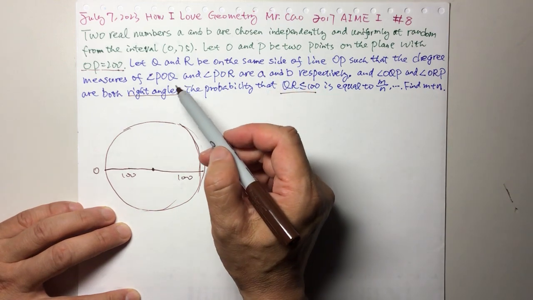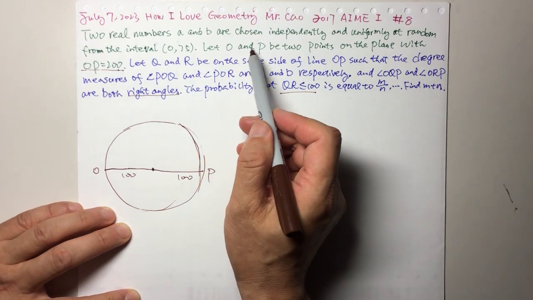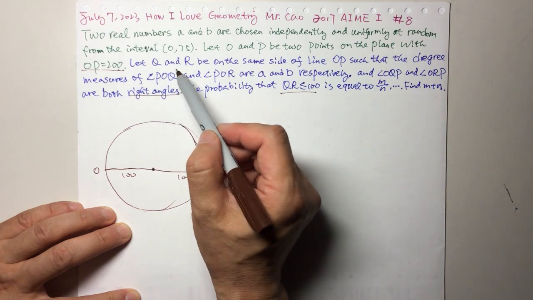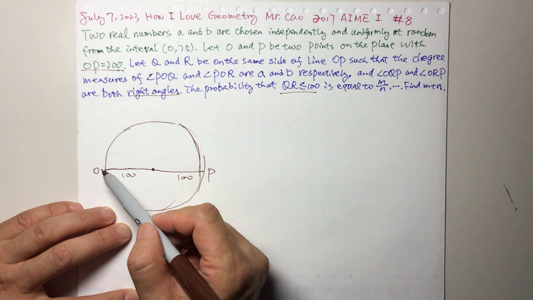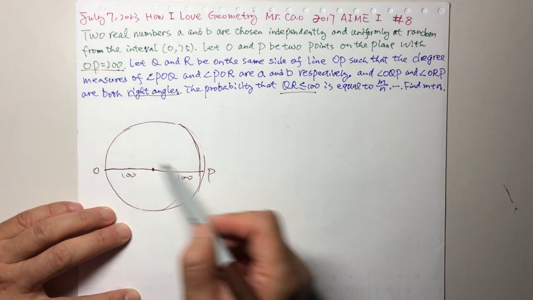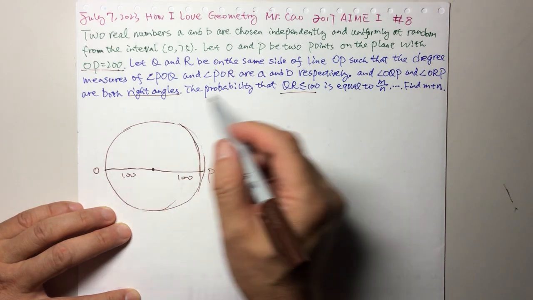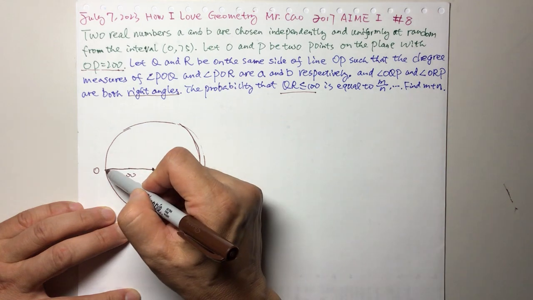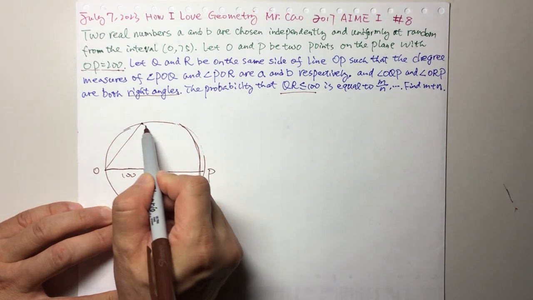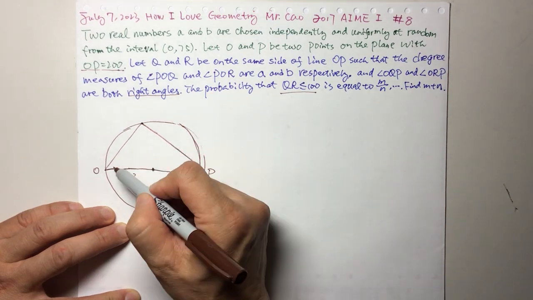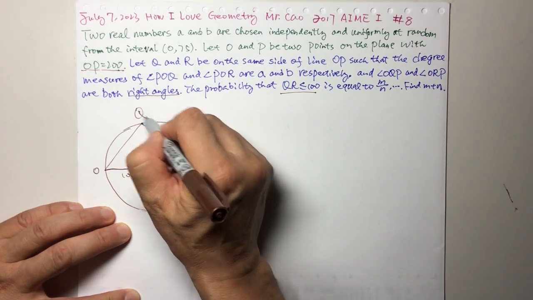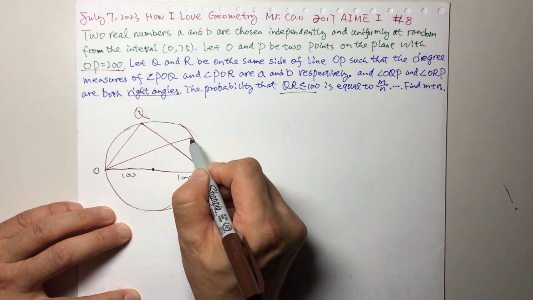Now a and b, O, P, and let's just draw Q and R on the same side. So we've got OQP and ORP, for example here.